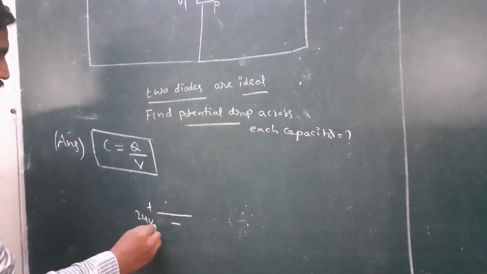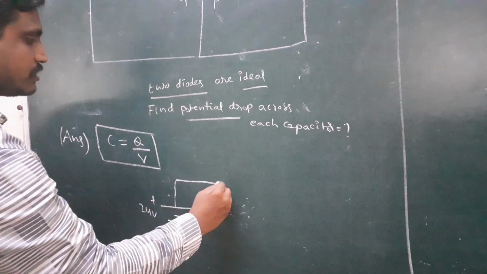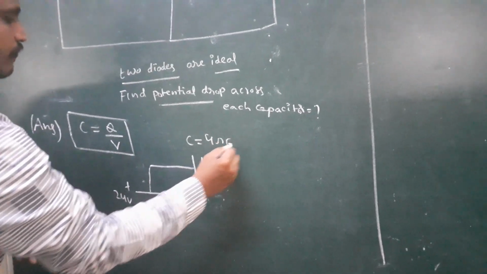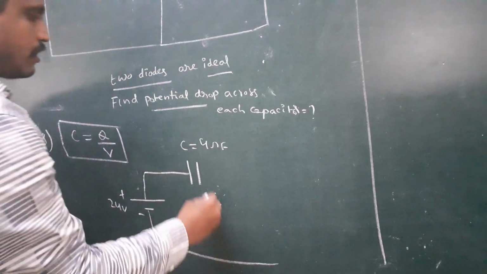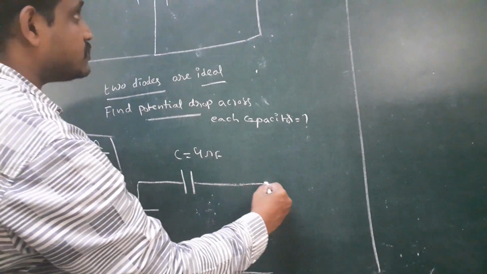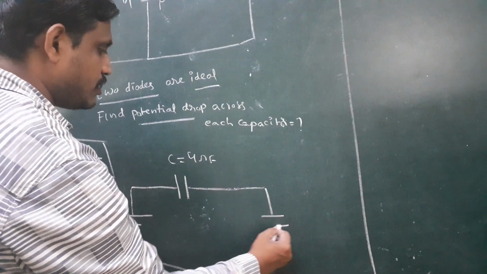Here 24 volts. Again, it is the capacitor. Its C value is 4 microfarad. Again, here a diode is there. This allows the current. So this capacitor connection is here.